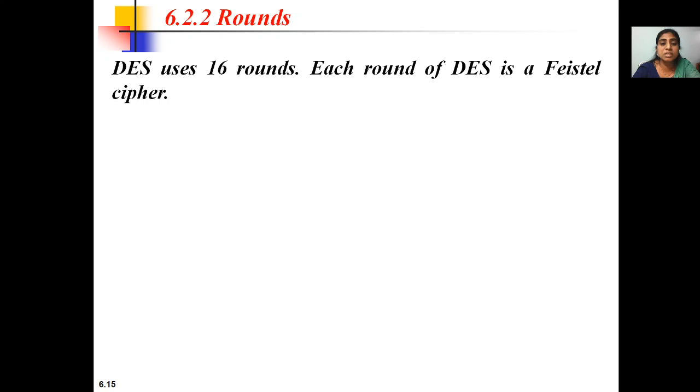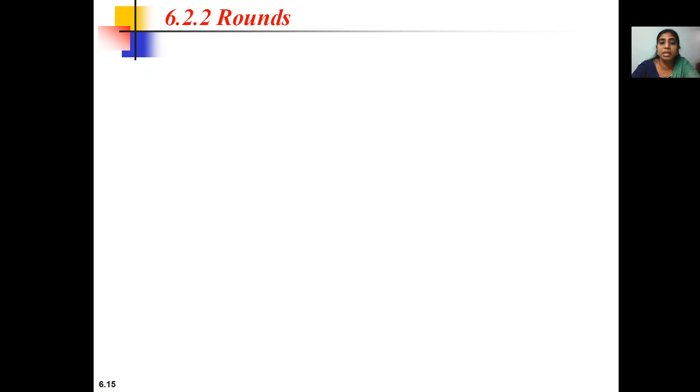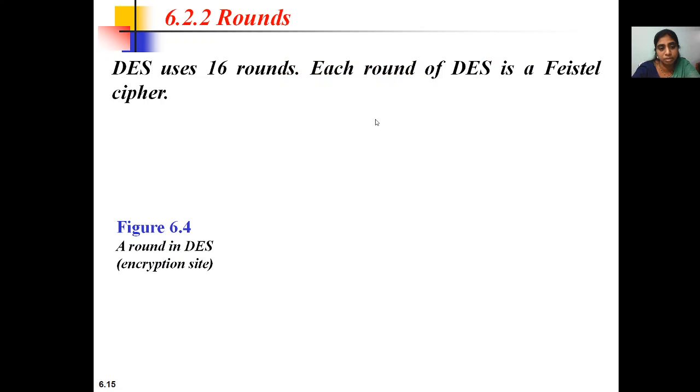The Feistel structure is a structure where we divide the 64 bits into two parts: one is 32 bits left and the other is 32 bits right. Then we take the 32-bit right values and put them directly into the left of the next round, but the left values are again given to the round function.